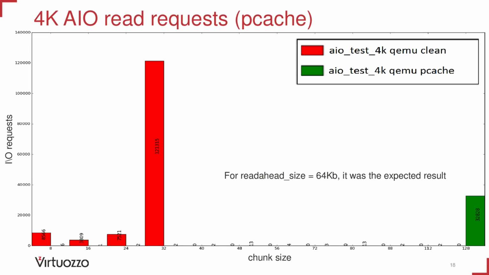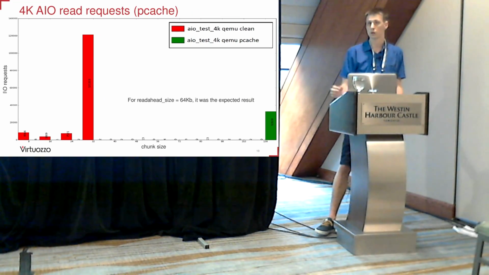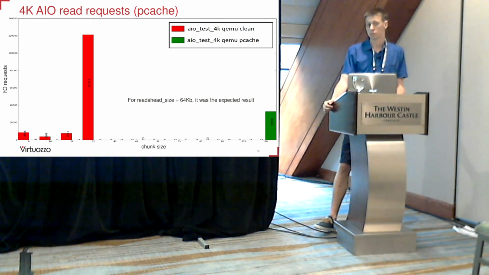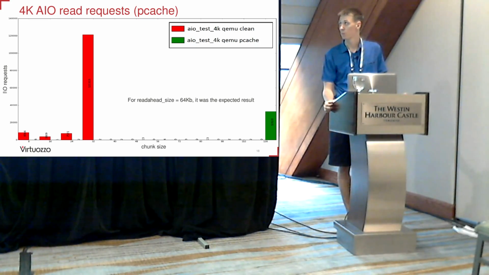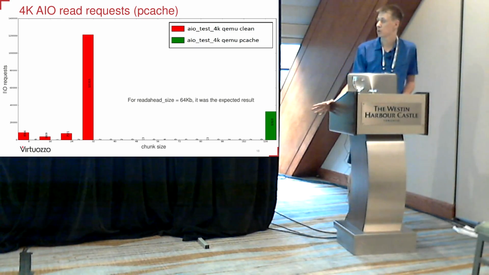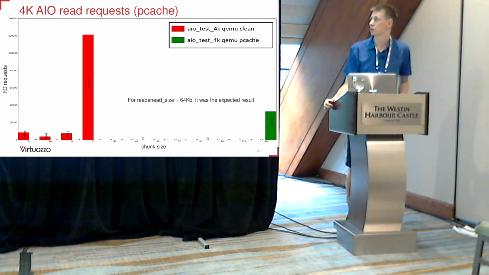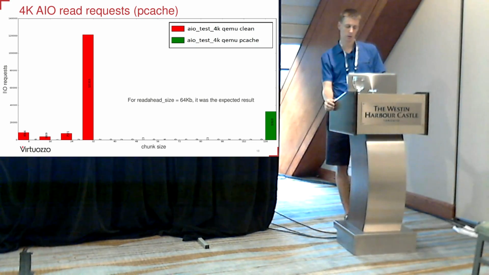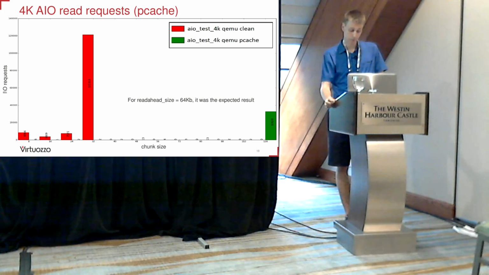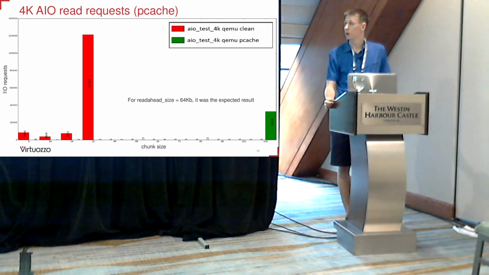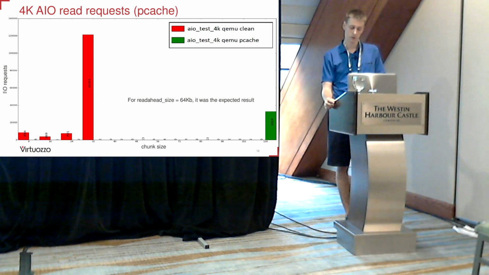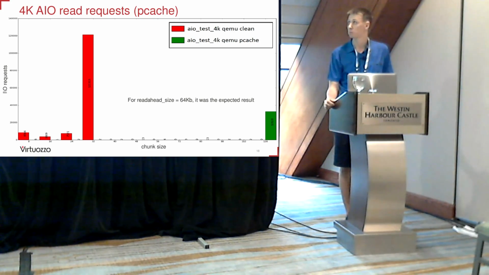The slide shows a histogram which describes requests of asynchronous sequential read by 4 kilobytes coming from the guest, obtained by blktrace on the host. Red means requests with the clean QEMU configuration, and green means requests with the QEMU plus pcache configuration.